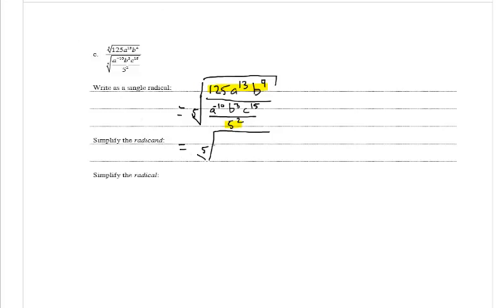So we're going to have 125 a to the 13th b to the 4th times 5 squared, all divided by a to the negative 10th b cubed c to the 15th.